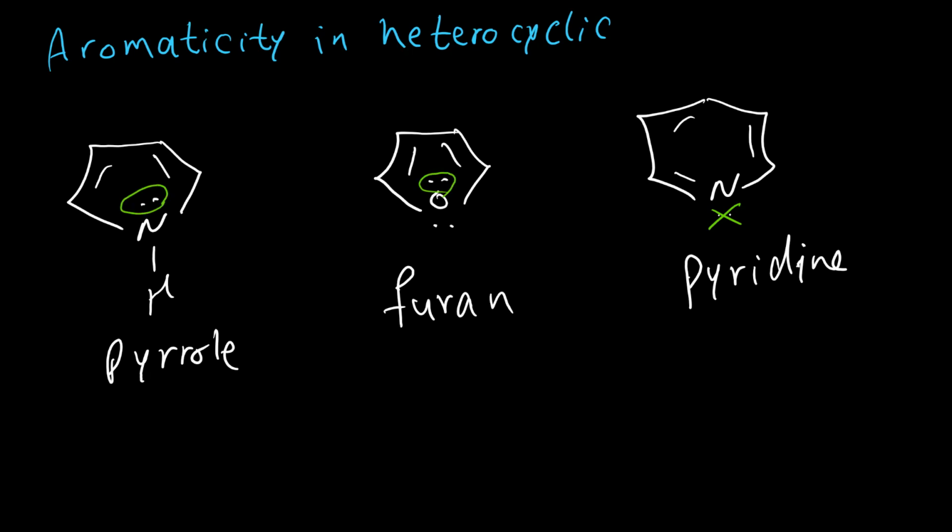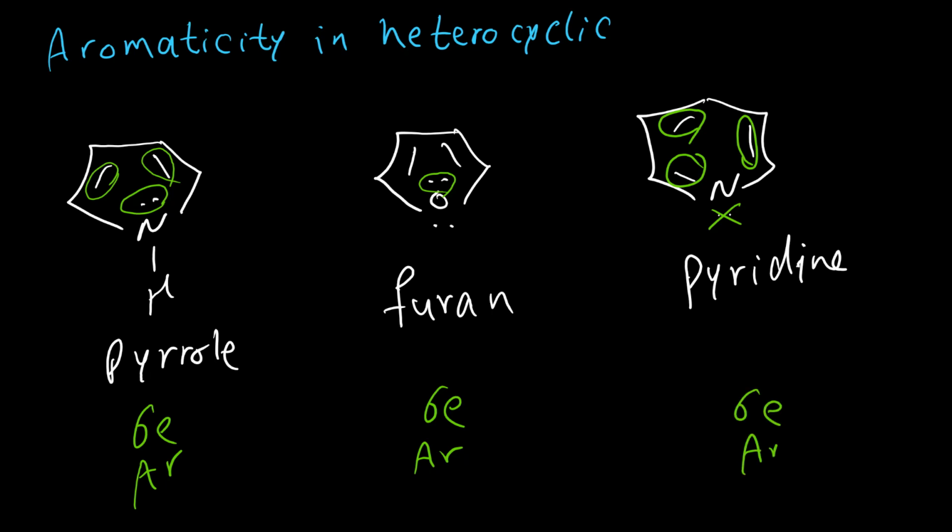If you look here, in pyrrole, we have 2 pi bonds, it is 4 electrons, plus 2 lone pair electrons. It's going to be 6 electrons, so it is aromatic. In furan, we have 2, 4, 6 electrons, again it's aromatic. For pyridine, we have 3 bonds, we don't count that lone pair. Then again we have 6 electrons and it is aromatic.